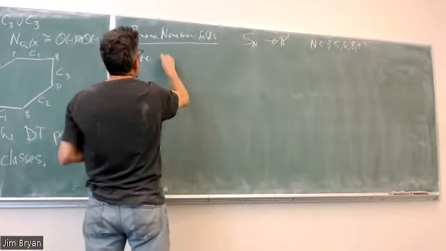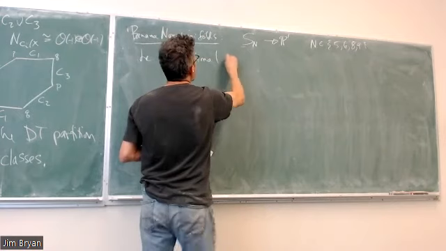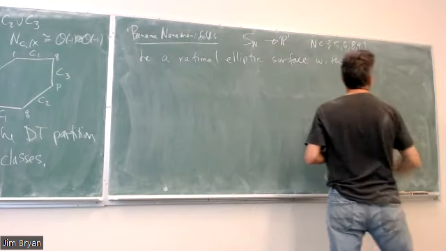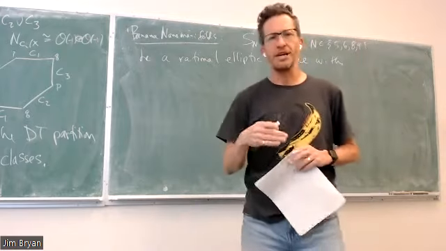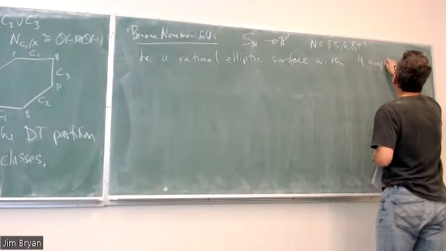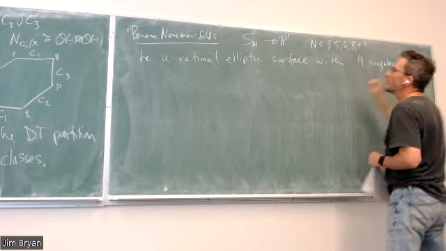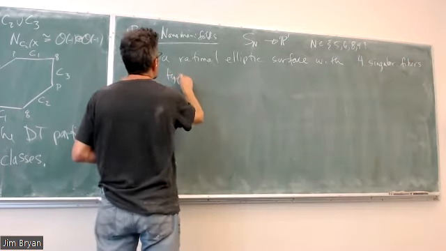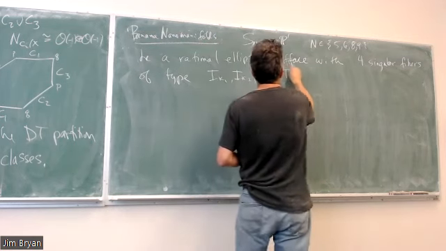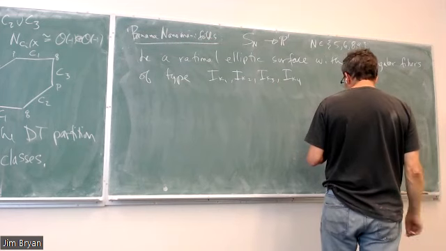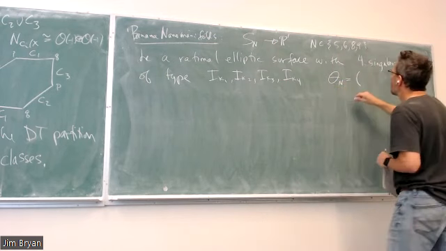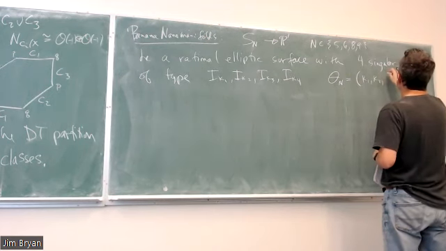be a rational elliptic surface with, instead of having 12 singular fibers of type I1 in Kodaira's classification, 4 singular fibers of type I_{k1}, I_{k2}, I_{k3}, I_{k4}, where these k's I'm going to record with a 4-tuple, which I'll call theta_n. There are just 4 choices.